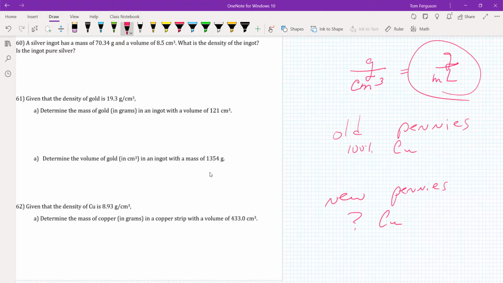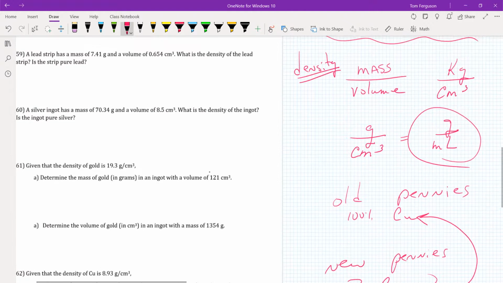They had a little bit of copper in them, and when we checked the density of the old pennies versus the new pennies, they were not the same. Because the new pennies had a combination of zinc and copper in them. Now, if you look at the density of copper and zinc, it's not the same as pure copper. Hence, we know the new pennies are not the same as the old pennies because the density was not the same.